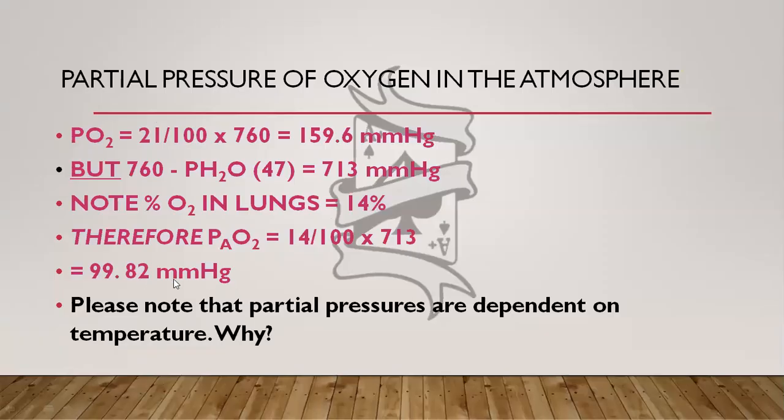It boils down to the fact that this is going to be the partial pressure that exists within the alveoli, and the difference in this compared to what's in the blood is going to facilitate gaseous exchange, because this pressure is most definitely going to be higher than the partial pressure of oxygen within the blood, which is where it needs to go.